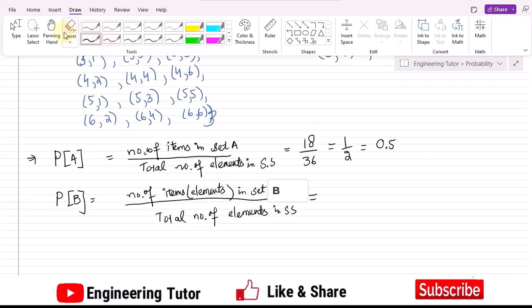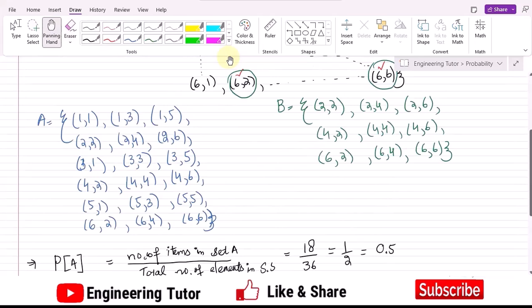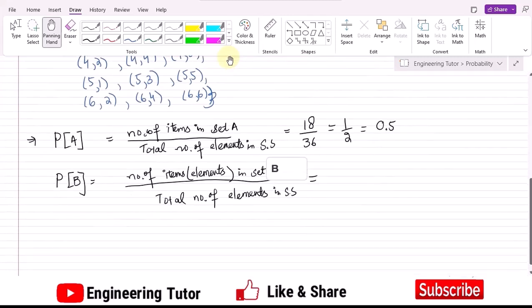So let me now count the number of elements here. So 1, 2, 3, and 3 multiplied by 3 is 9. Writing them here, 9 divided by the elements in the sample space, which is 36. So this would be 1 by 4 or 0.25. Okay, so these are the two probabilities which I have to find out.